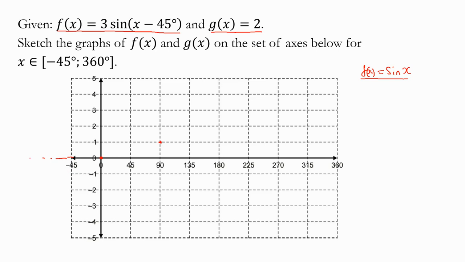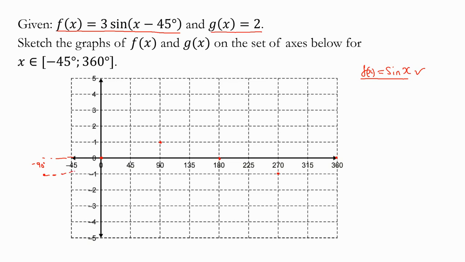At negative 90 it is going to be negative 1 somewhere there. Then at 180 degrees it is 0, at 270 degrees it is negative 1, and at 360 degrees it is 0. So these are the critical points for this function.